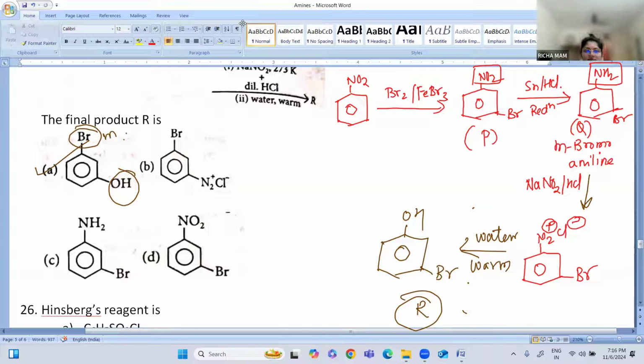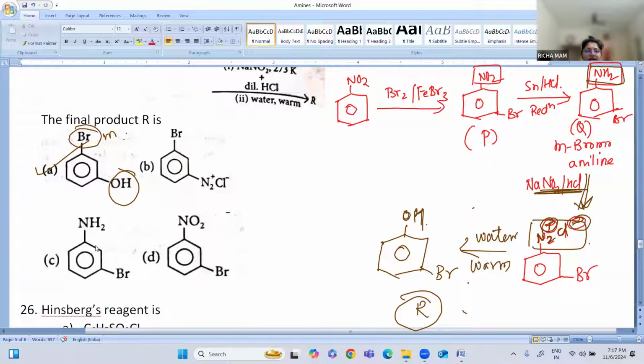What have we done? We took nitrobenzene and did bromination, so at the meta position we got a bromo group. Then reduction: whenever we have a nitro group, reduction gives NH2. When you do diazotization, you get N2 plus Cl minus, followed by treating with warm water, the N2Cl disappears and the OH group attaches. So you get option number A.